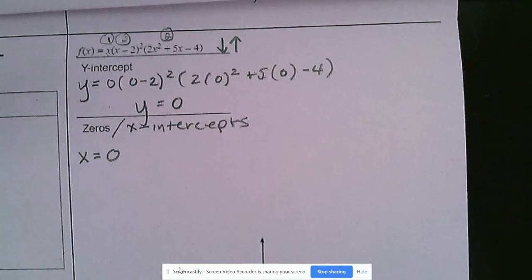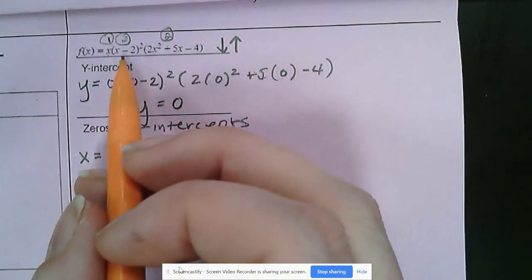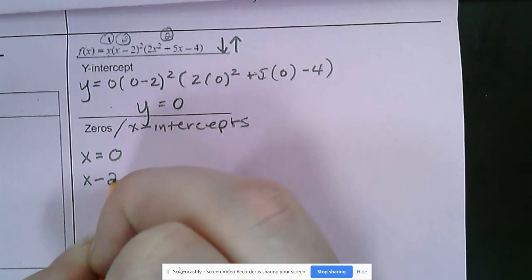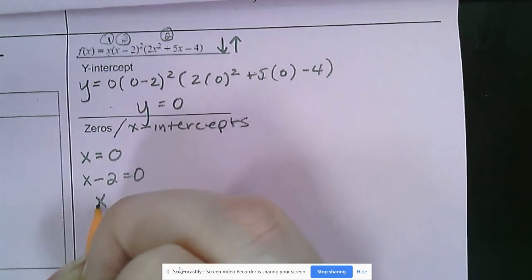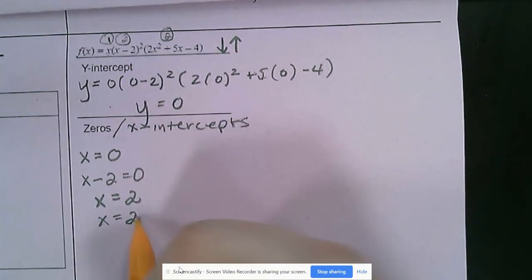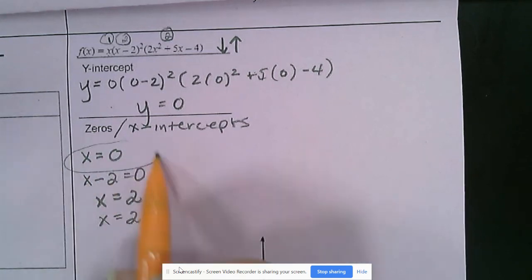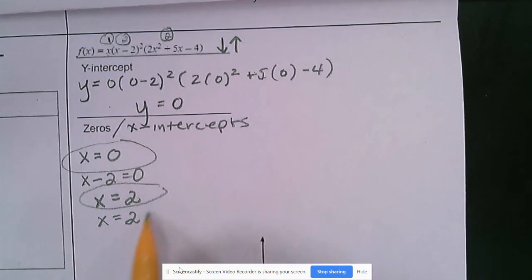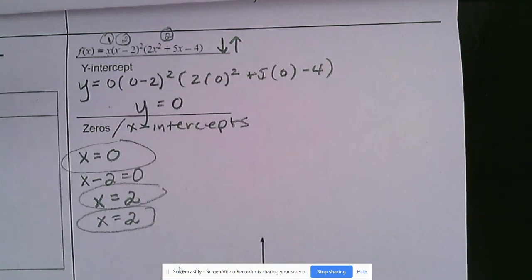So that's one of our roots, or x-intercepts, or zeros. And then I'm going to take x minus 2 and set it equal to 0. This gives me a root of 2. But remember, it's a double root, so I'm going to write it twice, just to keep track of everything. So here's 1, here's 2, here's 3. But remember, I'm supposed to have 5.